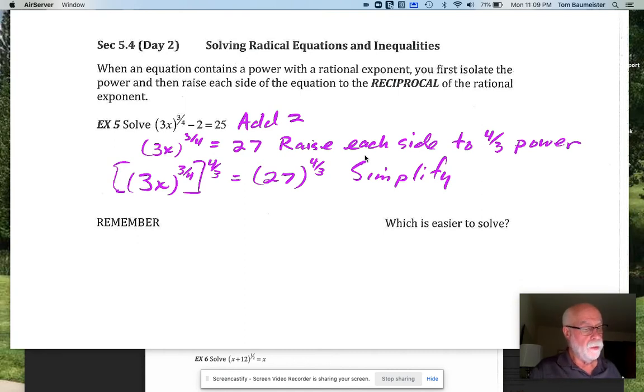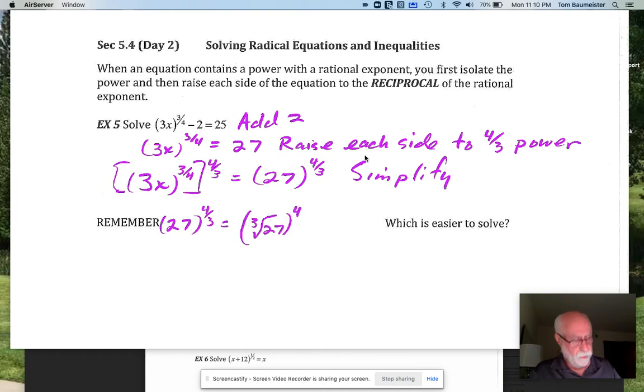So I want you to remember, we talked about this earlier. We can write this as 27 to the 4/3 power. We can write it as either the cube root of 27 raised to the 4th power, or we can take the cube root of 27 and put the 4 underneath.